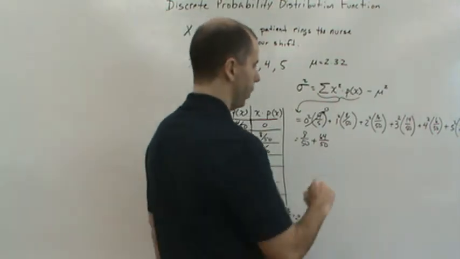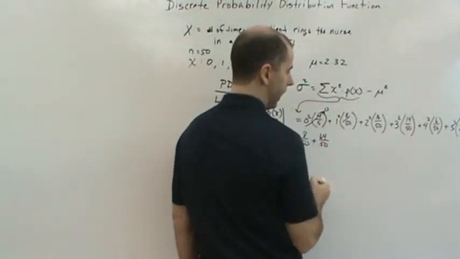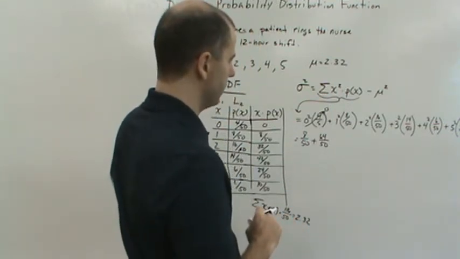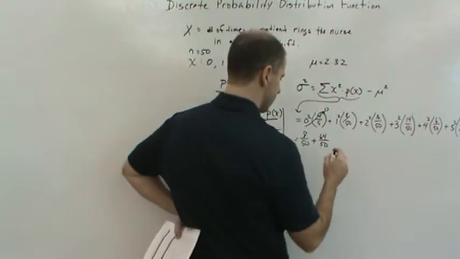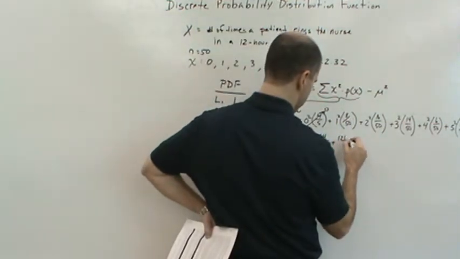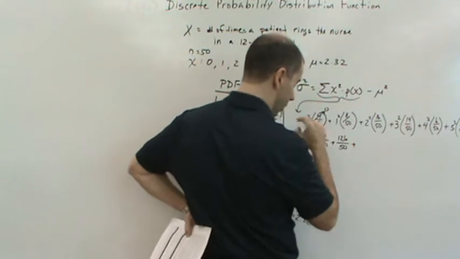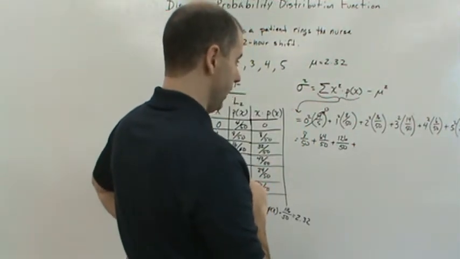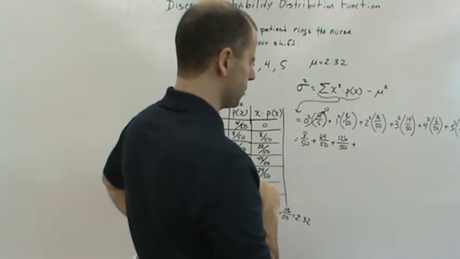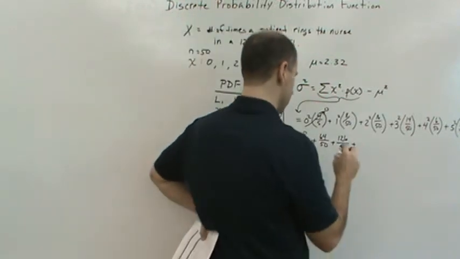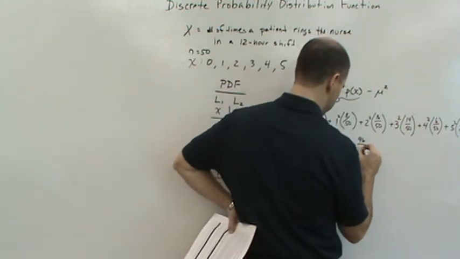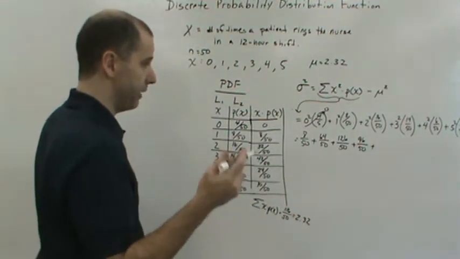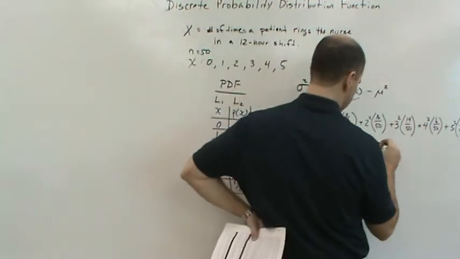Now, what about 3 squared? 3 squared is 9. 9 times 14, what does that give us? 90 plus 36, so that's 126 over 50. And then 4 squared is 16. And 16 times 6 is 60 plus 36, which is 96. So 96 over 50. And then 5 squared is 25 times 2 is 50. So that's just 50 over 50.